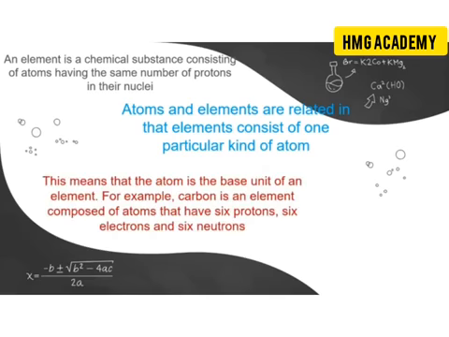This means that the atom is the base unit of an element. For example, carbon is an element composed of atoms that have 6 protons, 6 electrons, and 6 neutrons. You can also have other elements that have different proportions or compositions of protons, electrons, and neutrons in them.